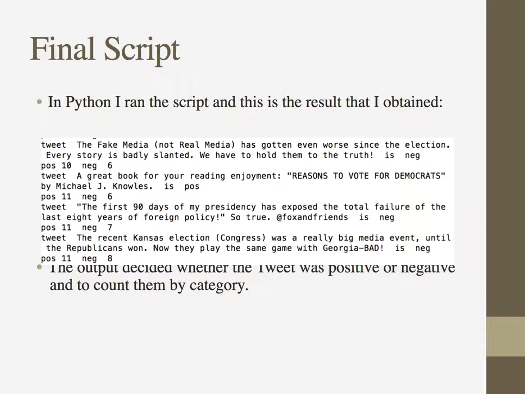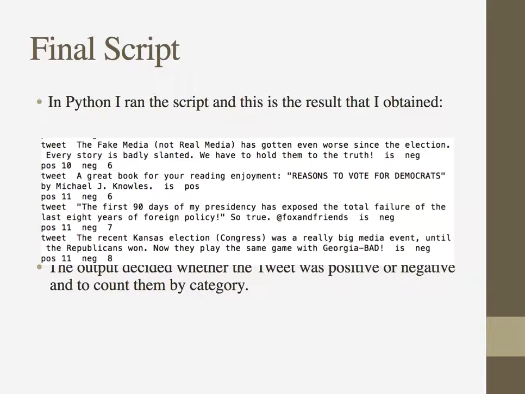Every story is badly slanted. We have to hold them to the truth." Since we already included the classifier and we pulled this data from the account of Donald Trump, the software was giving us a negative connotation. So it was classifying that tweet as neg, that is negative.